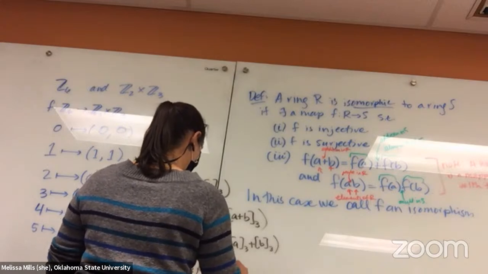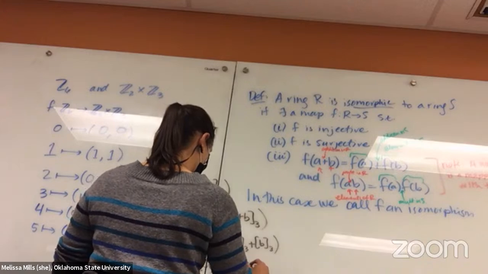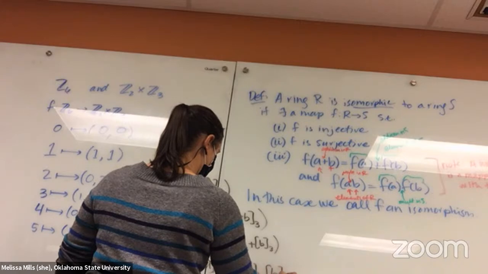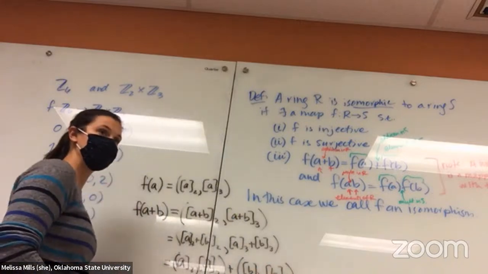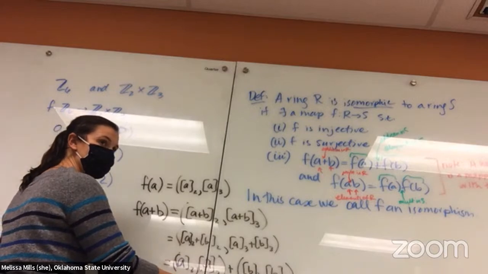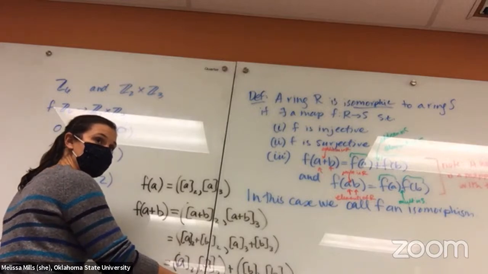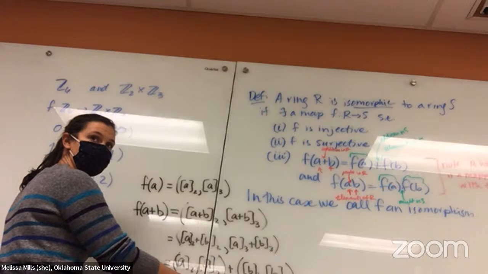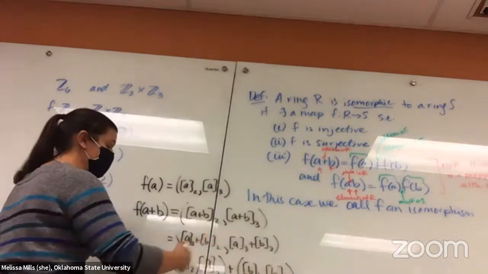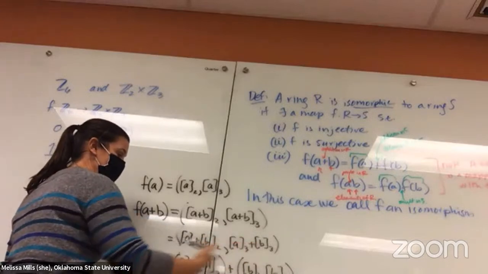A plus B, right? And what is this? How can I rewrite that? That's F of A. Plus, now the addition in Z mod 2 cross Z mod 3 is this special addition.